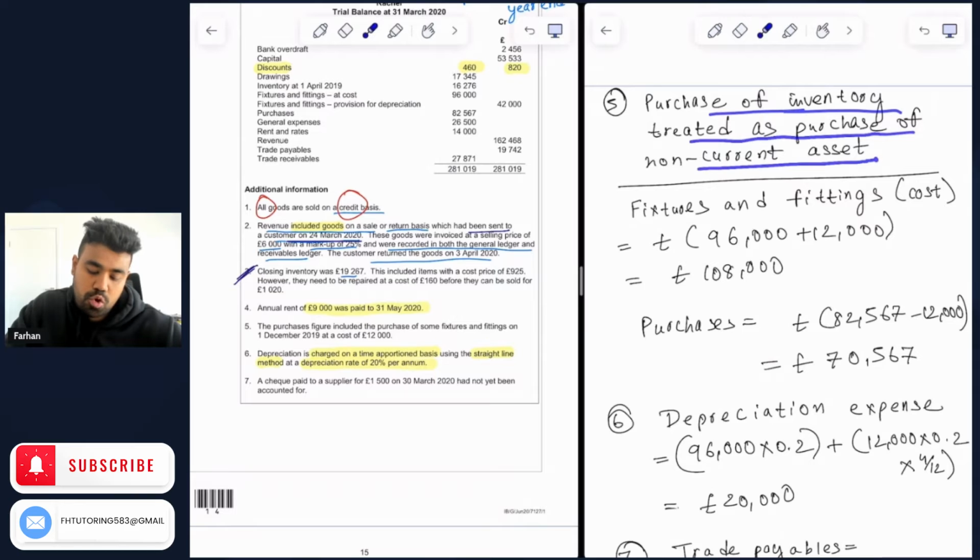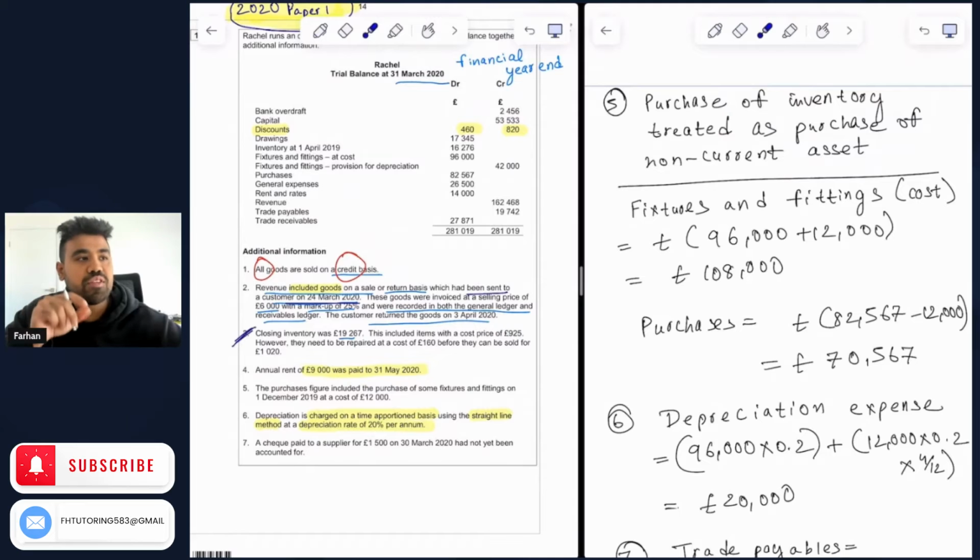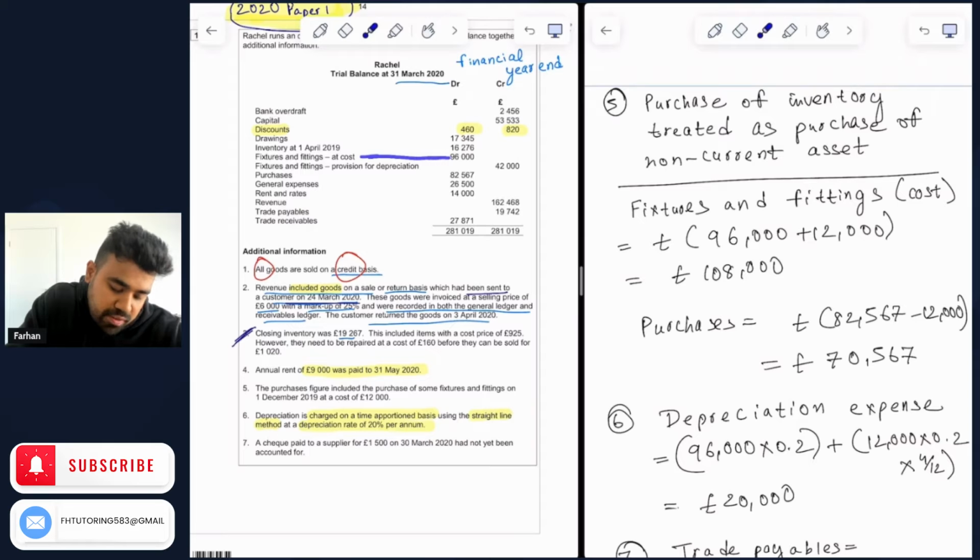So we have to remove this effect from the total value of fixtures and fittings given at cost in the trial balance, because £12,000 of the purchases figure relates to fixtures and fittings. Okay, so if you check the trial balance, the fixtures and fittings at cost is £96,000.